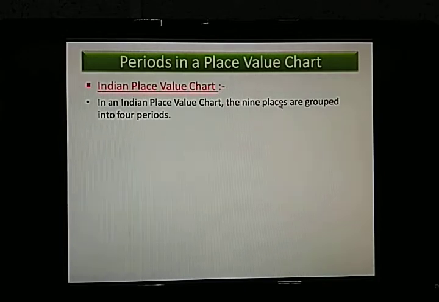Actually, there are 9 places, and these 9 places are the place values. There are 9 place values in the Indian place value chart, and these 9 place values can be divided into 4 periods. So let us see what are those 4 periods.